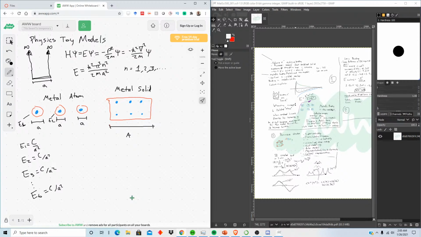And so now, if we were to compare these electrons in here, right? Let's just say there's 6 electrons here. But for one electron, now this one electron has the same constant. Rather than a squared, it's going to be big A squared, right?